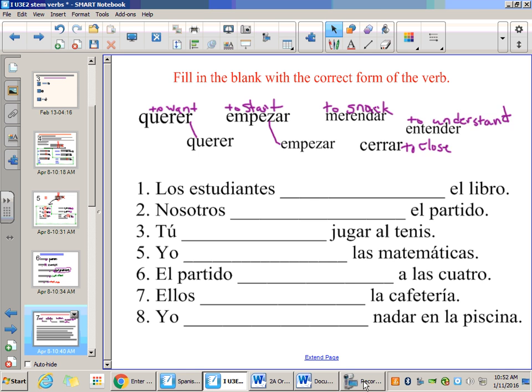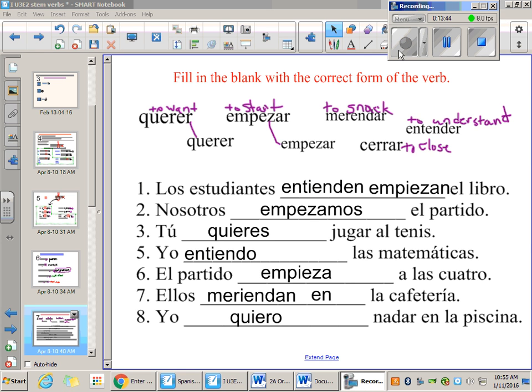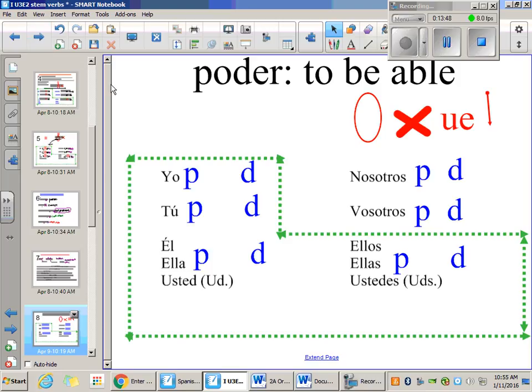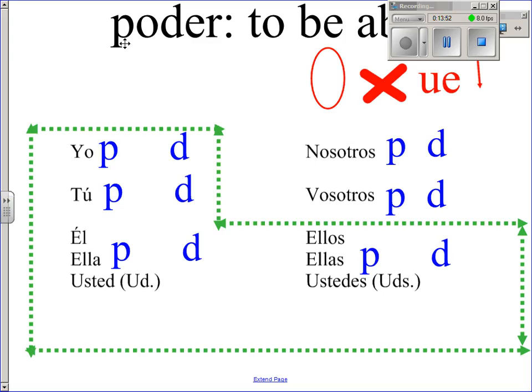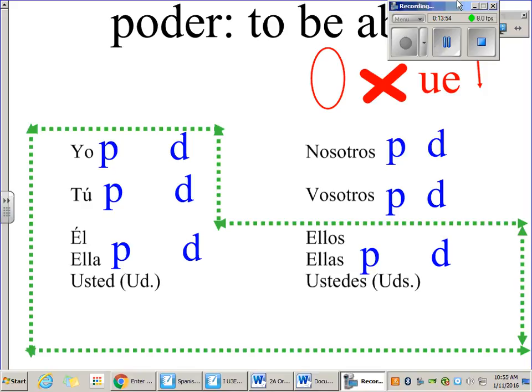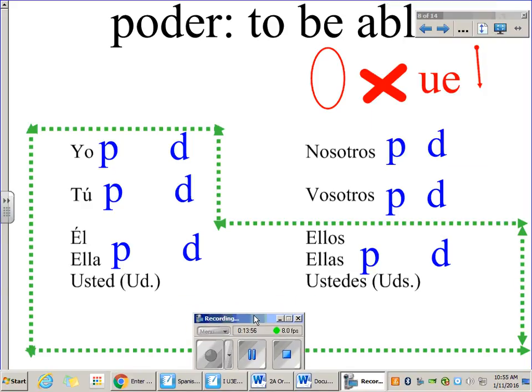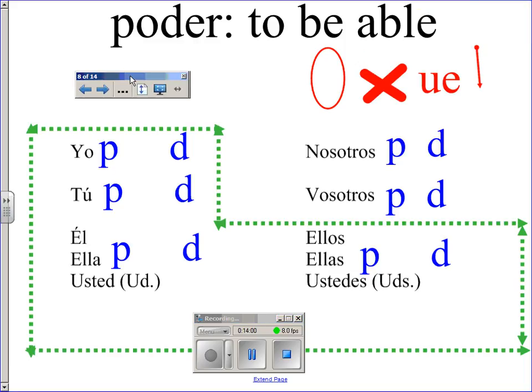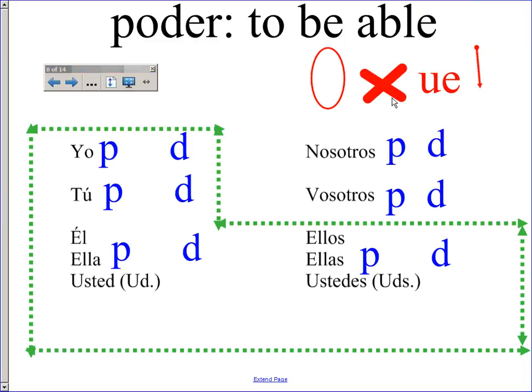Okay, so now I want to show you how to do an O to UE stem changing verb as well. And the steps are the same. So you're just going to go, okay, poder means to be able, and it's going to be a stem changing verb, and I'm going to notice it's an ER verb, so I'm going to use my ER endings down here.